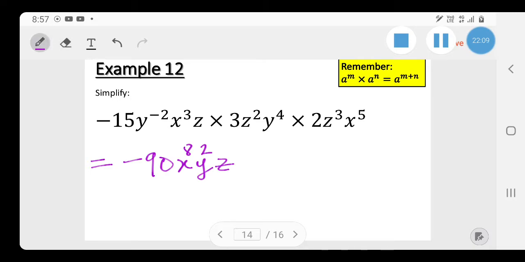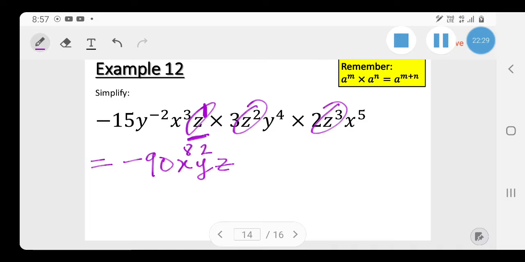Done. Now finally z. Where are our z's at? Here's one. In this case, we have a z in every part of this bad boy. This first z here looks like it has no power, but hopefully we remember by now that really means there's a power 1.